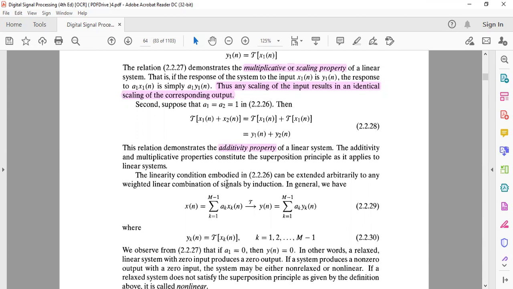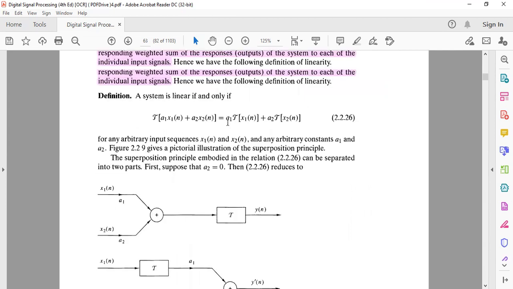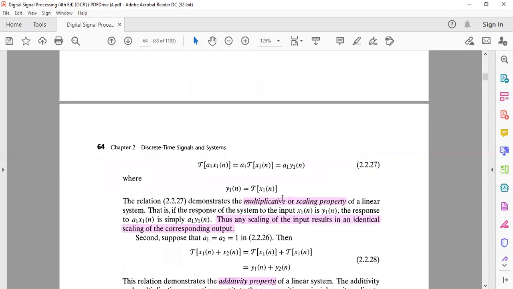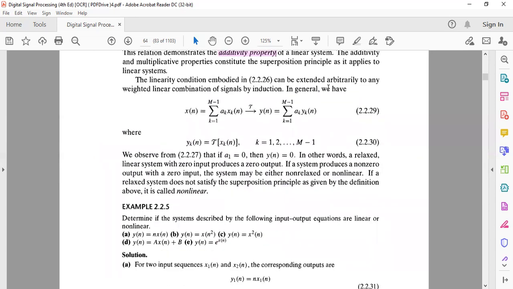The linearity condition embodied in equation 2.2.6 can be extended arbitrarily to any weighted linear combination of signals by induction.